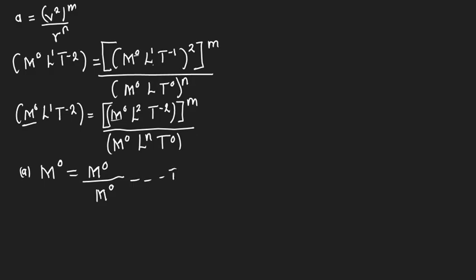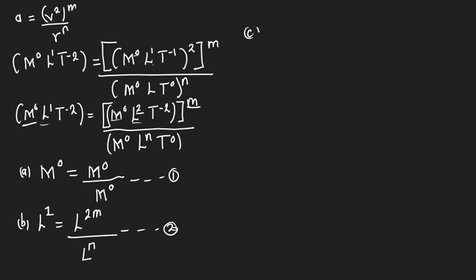So this is my equation 1, which is very irrelevant. It can't help us. Let me fetch the equation for L. L to the power 1 is going to equal L to the power 2, and this M multiplied by this 2 is going to be 2M, all over L to the power N. This is going to be my equation 2.